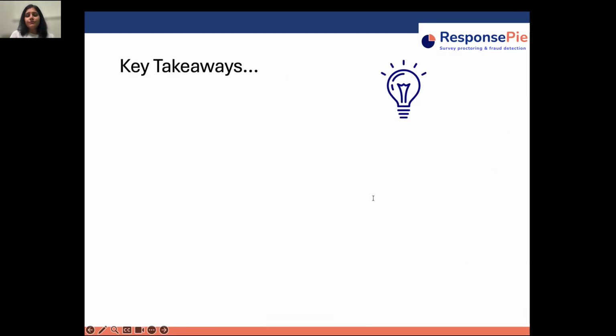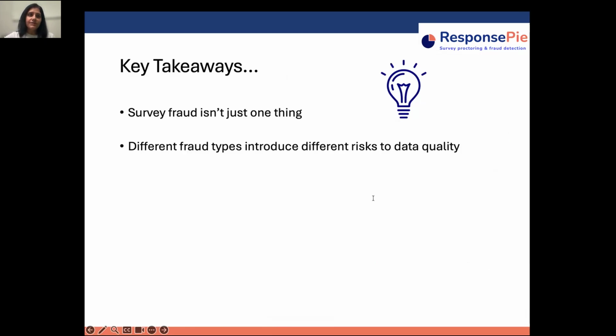So there are a few main key takeaways from this session. One, survey fraud isn't just one thing. It can take on many different forms. Two, different types of fraud can introduce different types of risk to your data. So some types of fraud, like speeders, can introduce noise. Other types of fraud, like AI agents, can generate completely synthetic data.